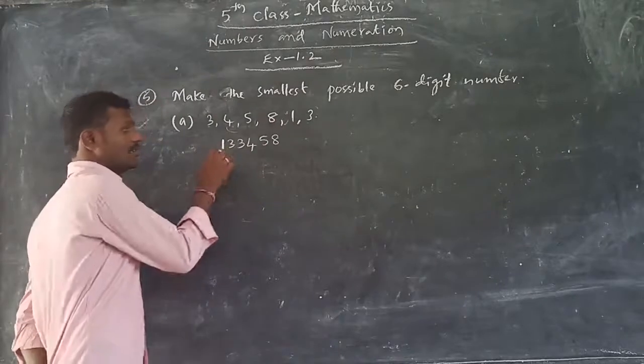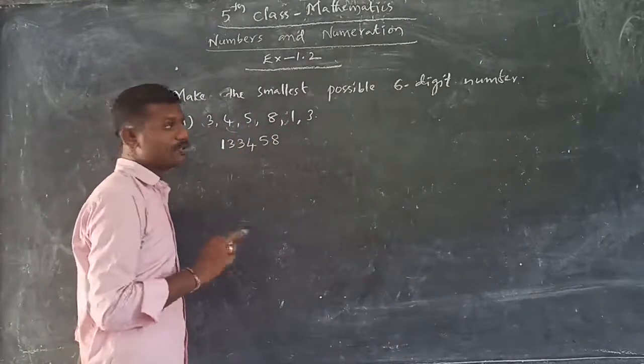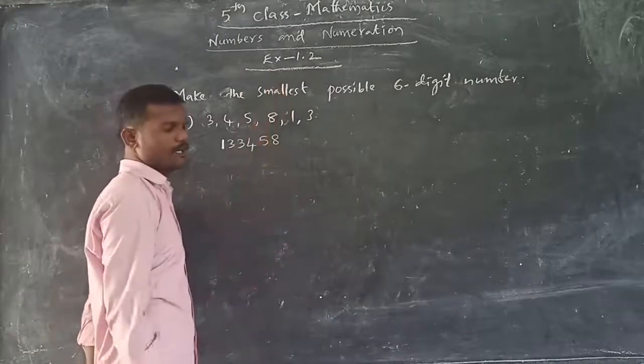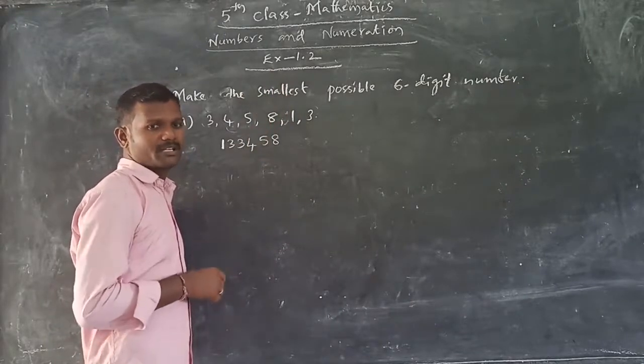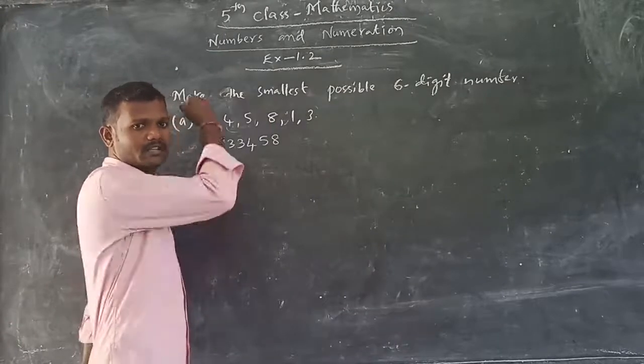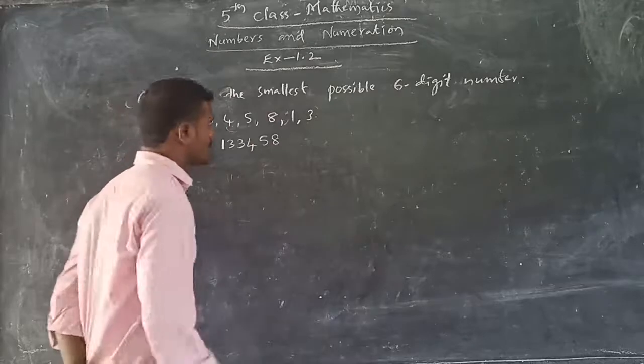Like this, what we have done here is we arranged the given numbers in which order? Ascending order, to get which number? The smallest possible number. If they ask to make the greatest possible number, then in which order do you have to write? In decreasing order, meaning descending order. Okay?